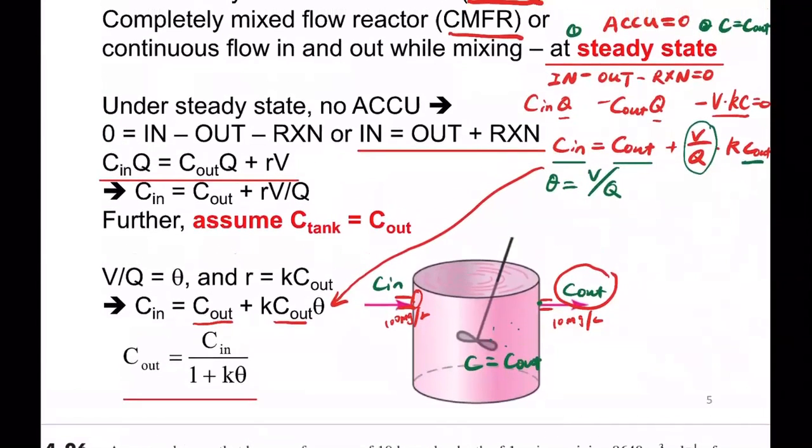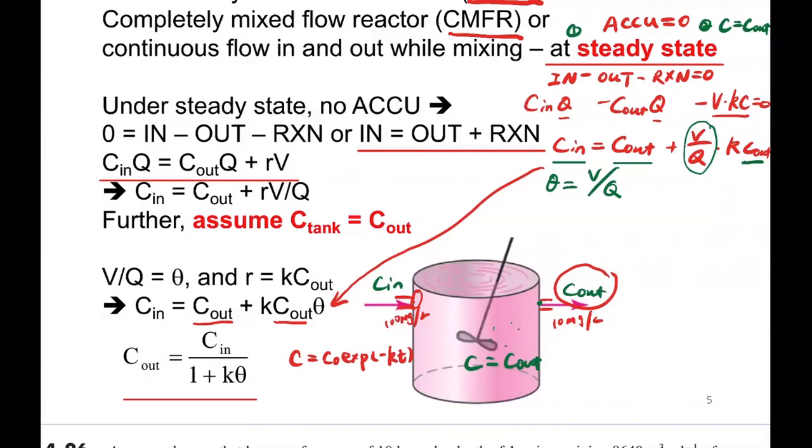So actually, I want to say that this is a quite interesting phenomenon, because the CSTR is simply a batch reactor that has two holes in it, right? For a batch reactor, you see the concentration decreasing exponentially with time, right?